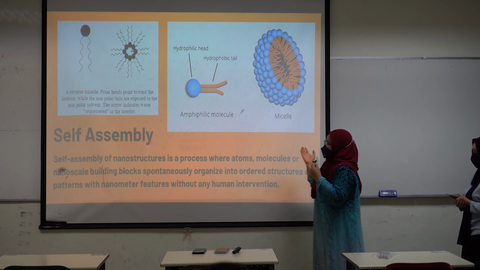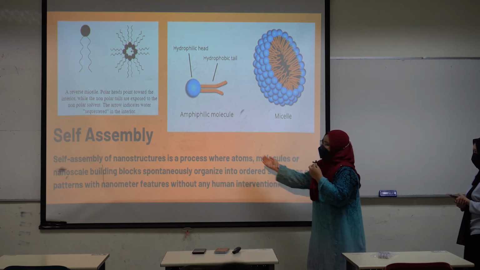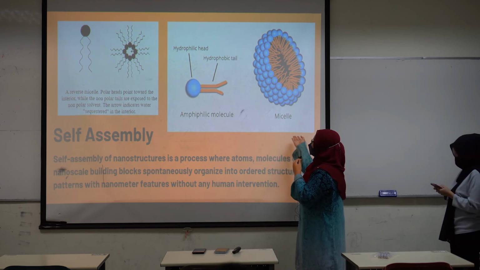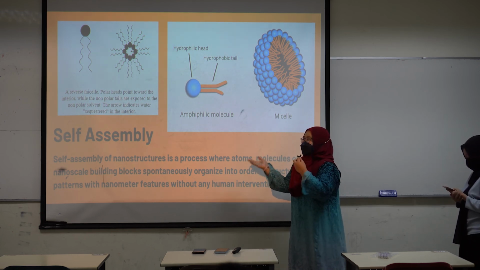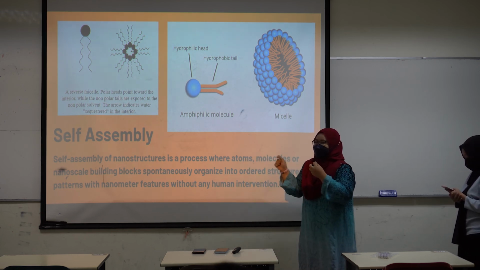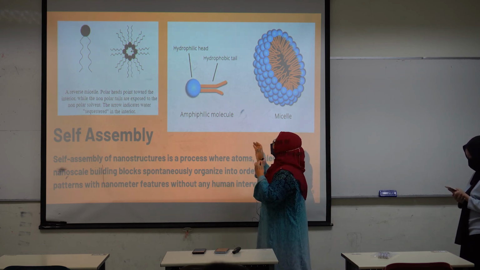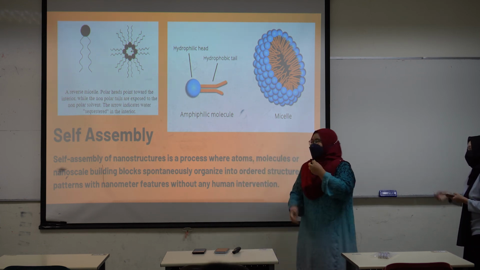The same thing can happen in non-polar solvent, where it is called a reverse micelle. Instead of the hydrophilic head being outside, now the hydrophilic head is inside the micelle, and the hydrophobic tail is outside of the micelle.